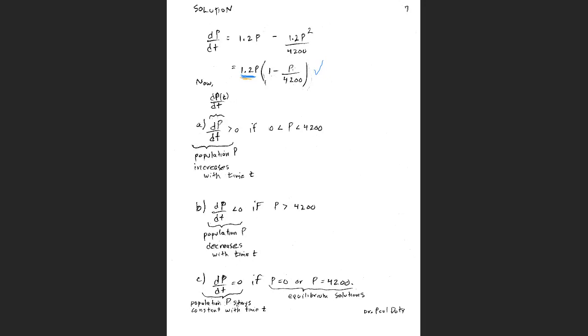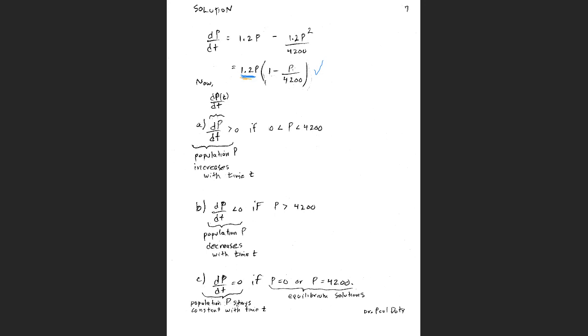Now, we're assuming population is positive, because if population were equal to 0, that would mean you have extinction. You don't have a population. Though sometimes we have to consider that the population could be 0 because there are extinct populations.